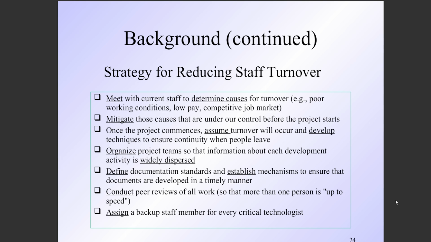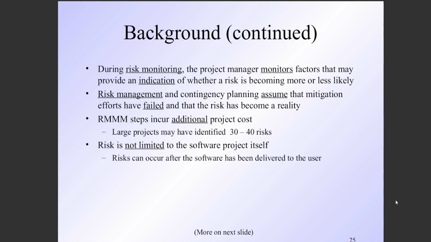Likewise, you can think of any other risky situation and how you come out of it. The things that you plan and how you come out of the situation are the risk avoidance steps. Now, during monitoring, the project manager monitors factors that may provide an indication of whether the risk is becoming more or less likely true.